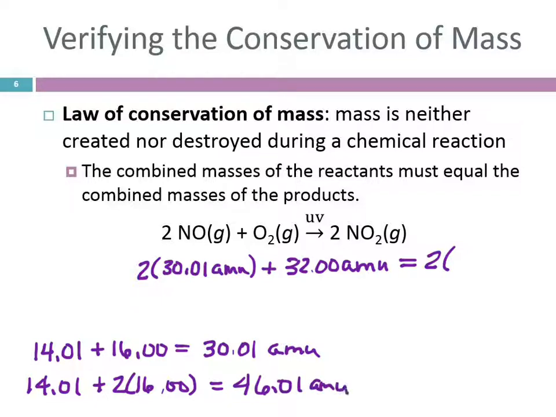I forgot to get my calculator out, as usual. So see if you can catch me making a stupid mistake. I'm going to get my calculator out. So on the left, we've got 2 times 30.01 plus 32.